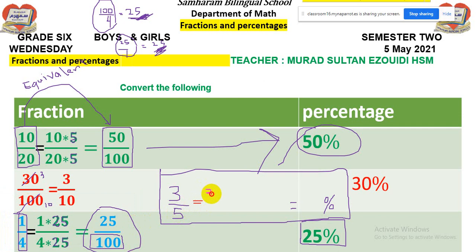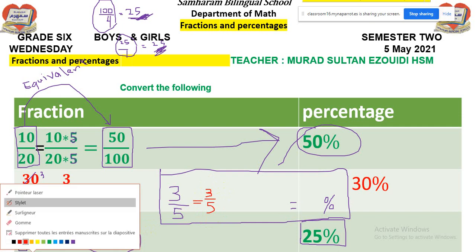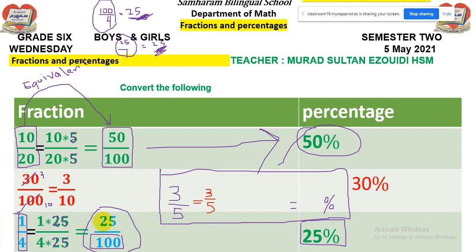Did I change something? No. Then, as I wrote here 3 over 5, I should multiply by a number so that in the denominator I should get 100.